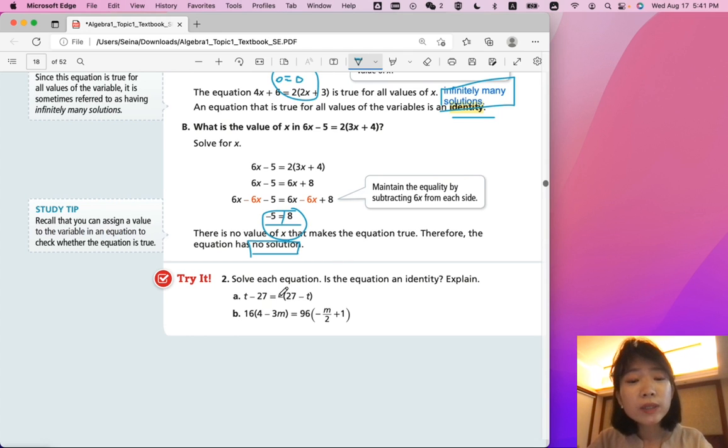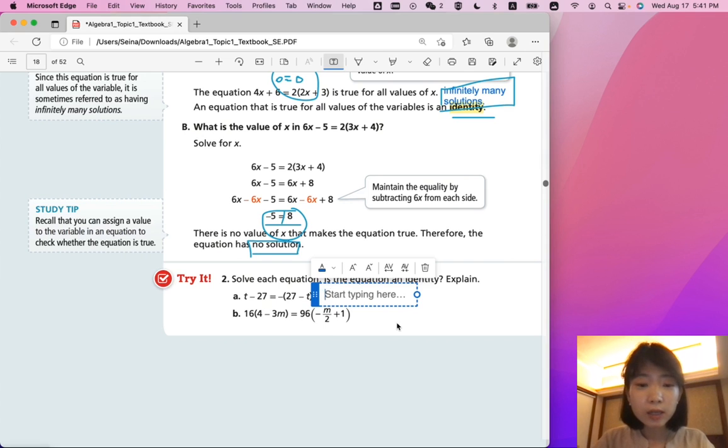Okay, so when you solve for this, what do you get? You're going to simplify this and say that becomes t minus 27. T minus 27 is equal to negative, distribute the negative, negative 27 plus t.